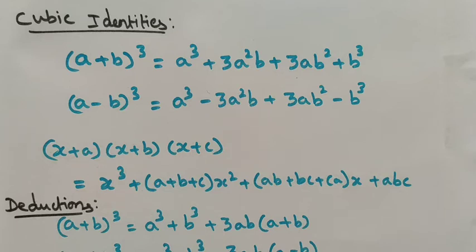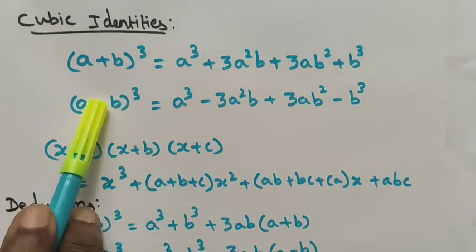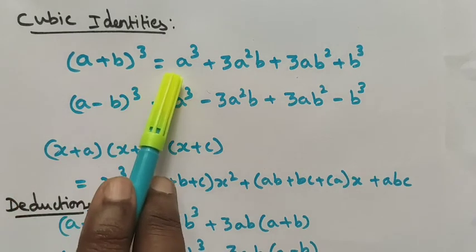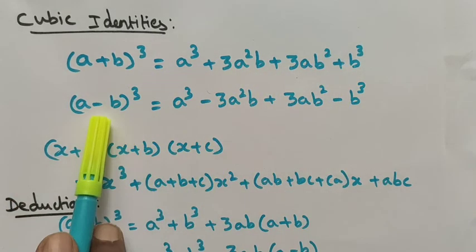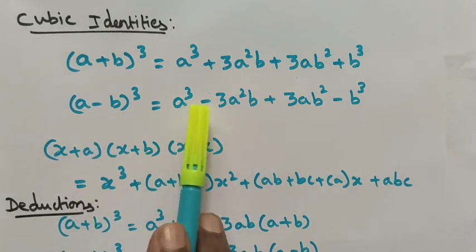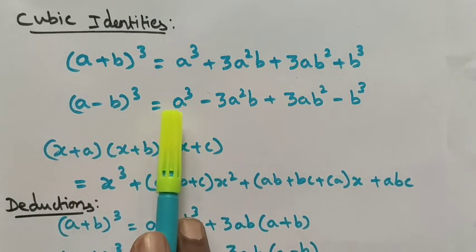Next, a minus b whole cube is equal to a cube minus 3a square b plus 3ab square minus b cube. See the difference of plus and minus. In plus, all the terms are plus, while in minus the alternate terms carry the minus symbol.